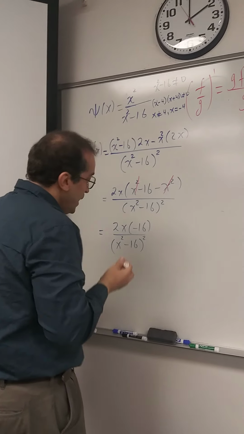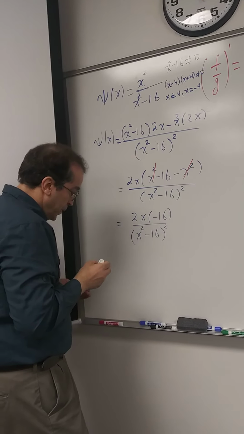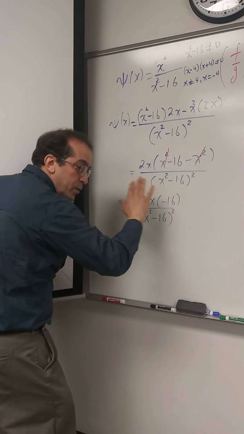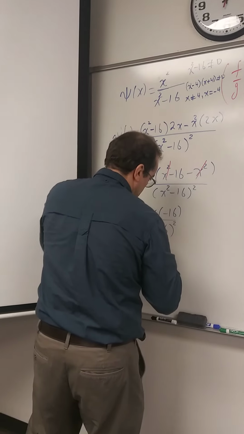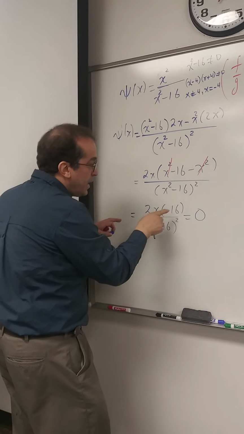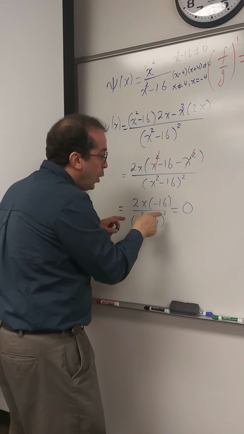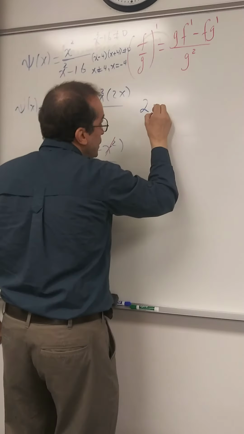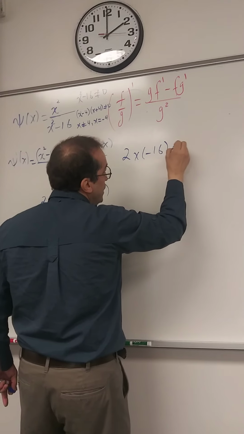So let's see. Now for critical points, you're supposed to set the derivative equal to 0. This is the derivative, set this equal to 0. When a fraction equals 0, only the numerator has to equal 0. So 2x times −16 equals 0.